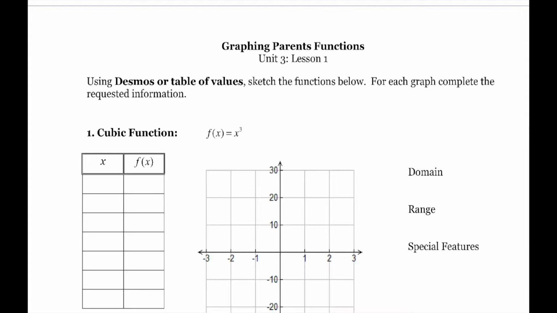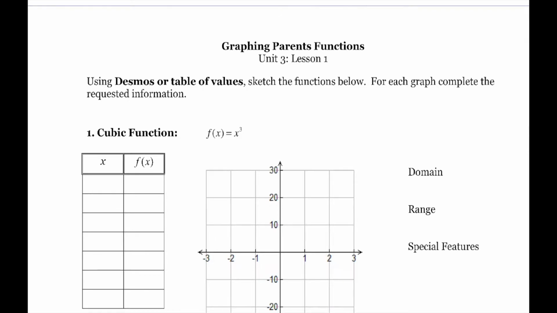Yes, we've learned the form y equals mx plus b, where a line has a slope and a y-intercept, but really we think of the most fundamental form of that line. A straight line is just y is equal to x. Then in grade 10 we studied quadratics, in other words, when the x is squared, y is equal to x squared was the parent function, and we started exploring parabolas of the form y equals x squared.